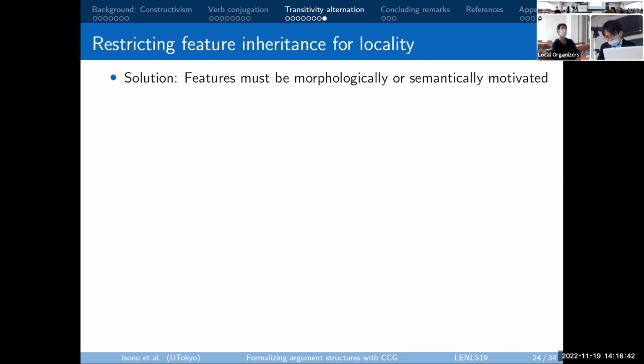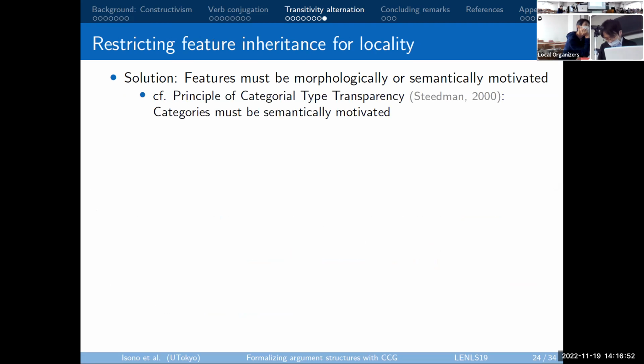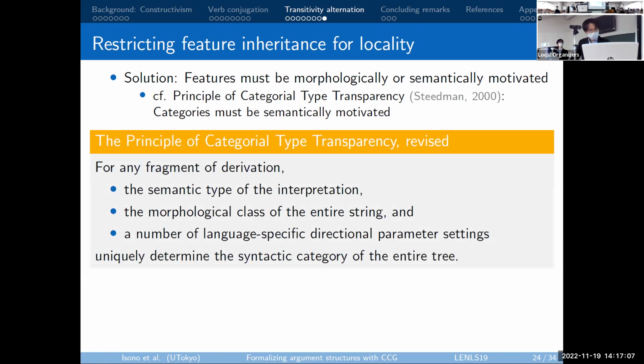A solution to this problem that we propose here is a principle that features must be morphologically or semantically motivated. Actually, a similar proposal has been made by Steedman as the principle of category type transparency, which says that categories must be semantically motivated. Features on roots are purely morphological and not semantic. So we propose a revised version of the principle of categorial type transparency, which says that the features of a given constituent must be motivated by its morphology or semantics.